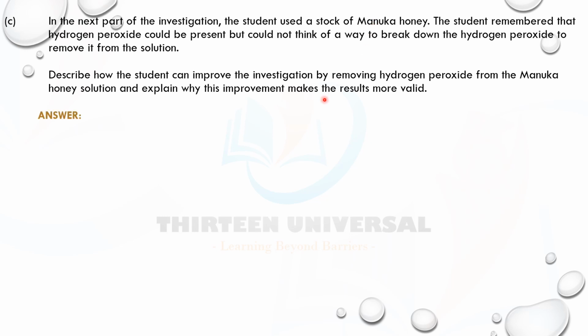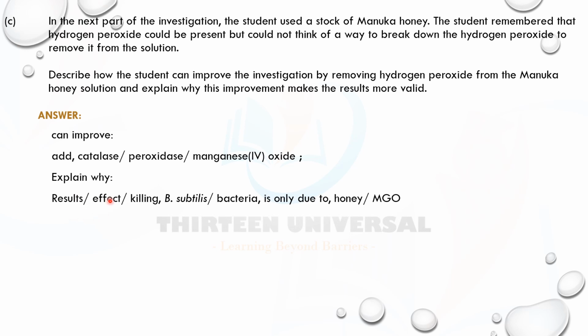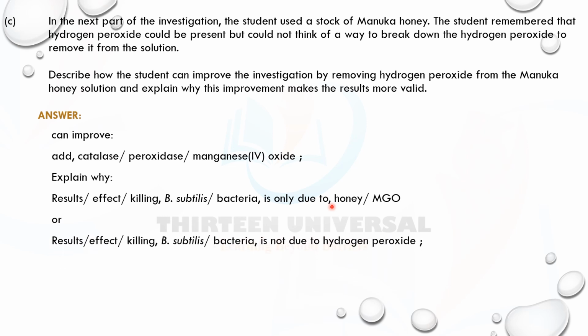Now look at it. Can improve, add catalyst, peroxide. You know that. Explain why. Results, or killing of B subtilis bacteria is only due to honey or Manuka, not due to hydrogen peroxide.